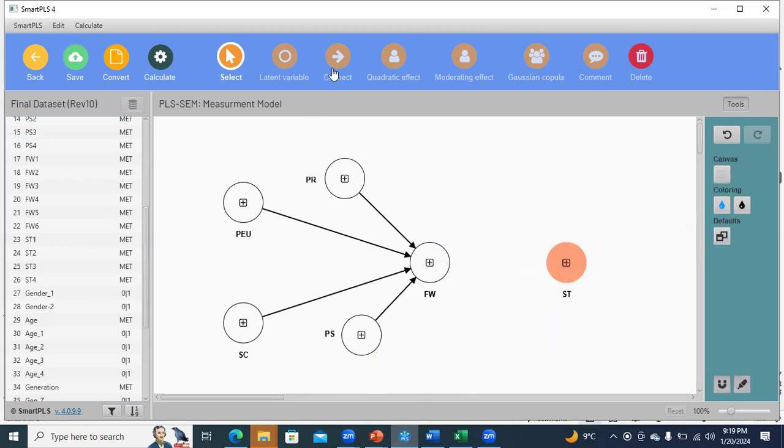So I can create a direct relationship like this. So here the financial well-being is directly mediating all these four factors, or explaining the impact of these four factors on ST.